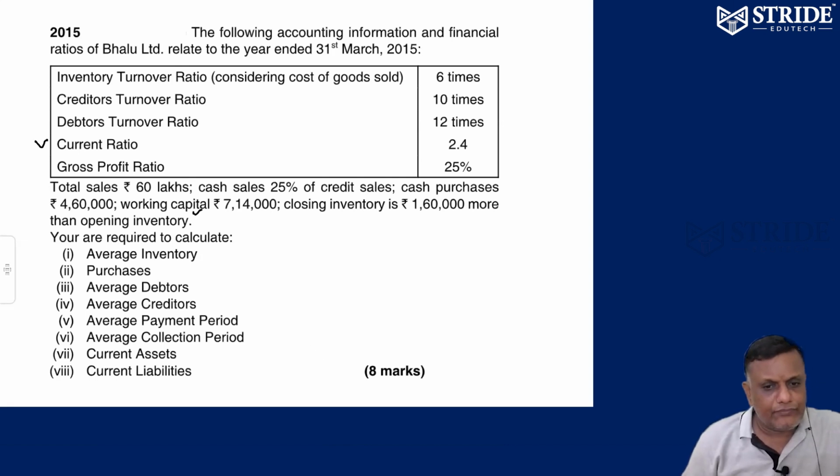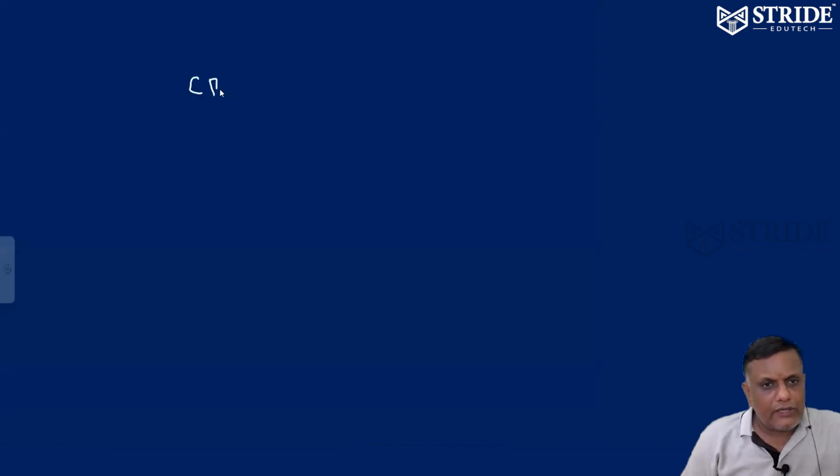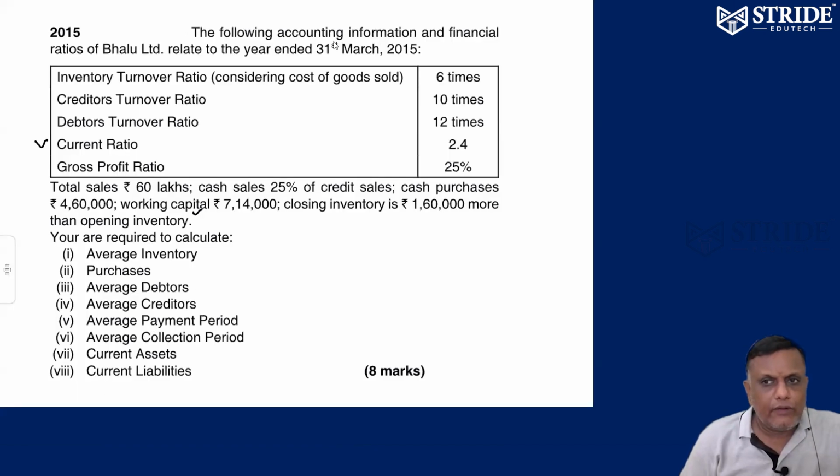Let's start with my first priority, always current ratio and working capital, because that information is very clearly given. First you solve these two. So current ratio: current asset by current liability is equivalent to 2.4.